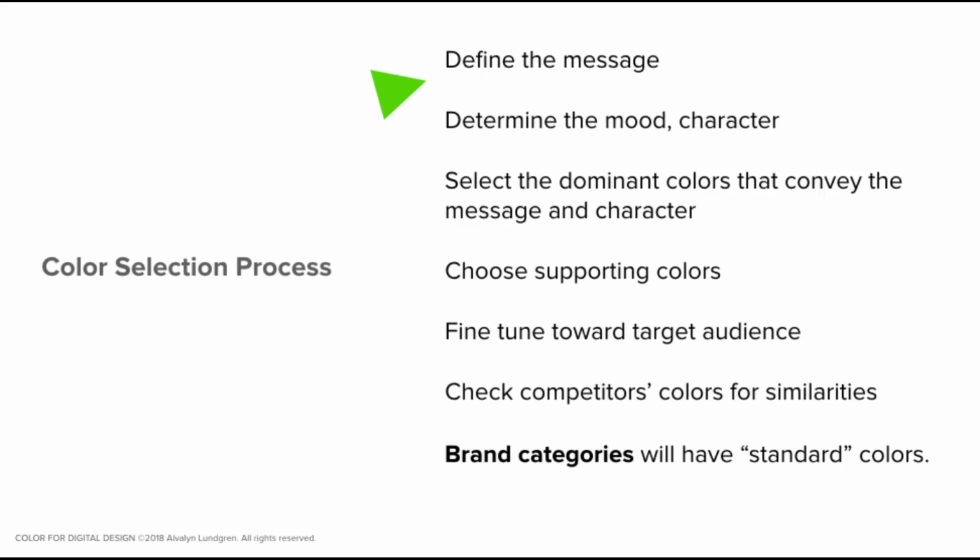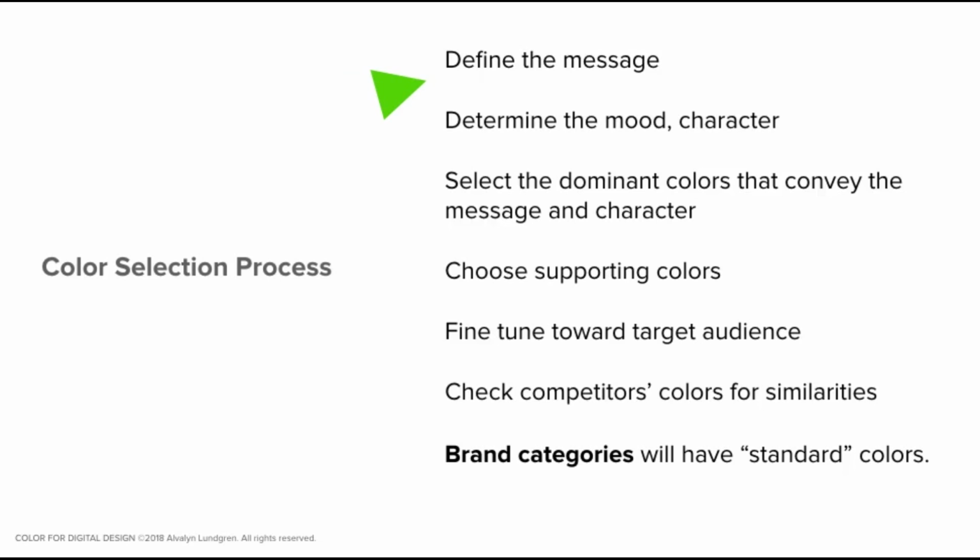If your client or employer fits within a brand category such as cola drinks, men's hygiene products, fast food, there is going to be what's known as brand category color, which are an expected set of colors that the brands within that category pretty much use. And these would be dominant colors.